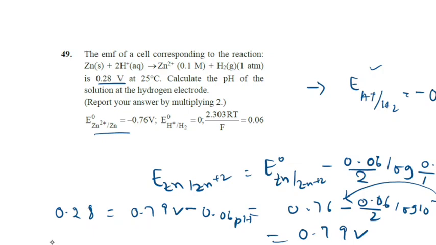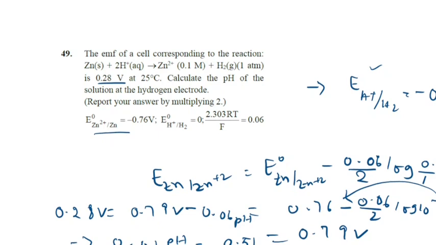Okay, so from this we can easily calculate 0.06 pH is equal to 0.51, from which we can calculate the pH as 8.5. Okay, so 8.5 is the answer.